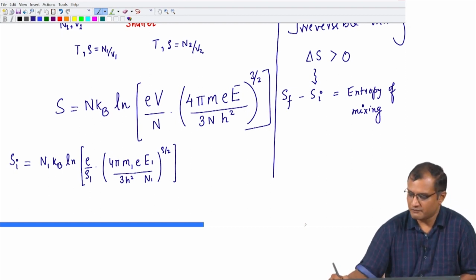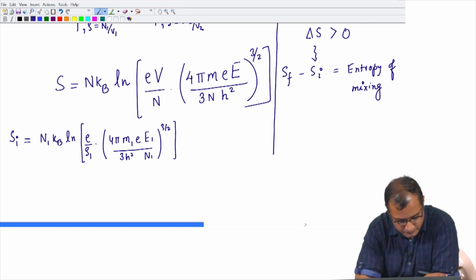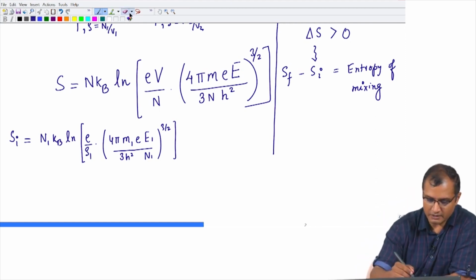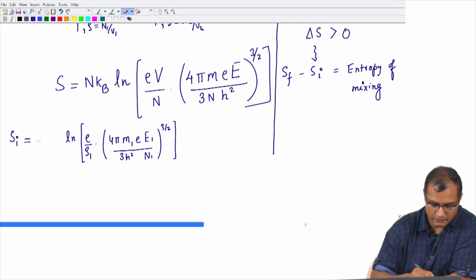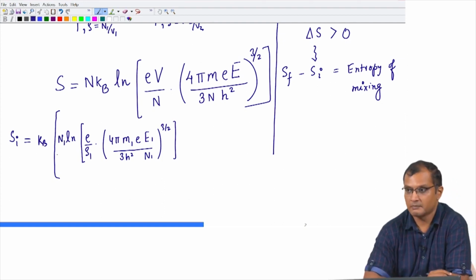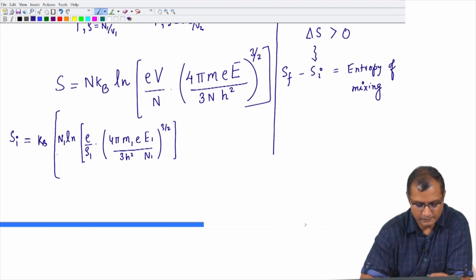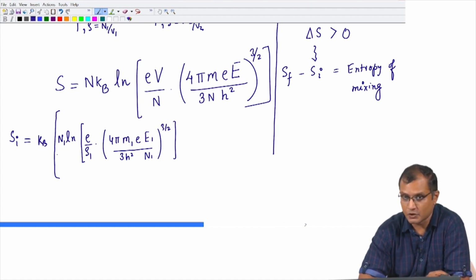This is just the entropy of the first gas. Okay. I can in fact take the Kb constant outside. No, this is just S_I, the initial entropy.